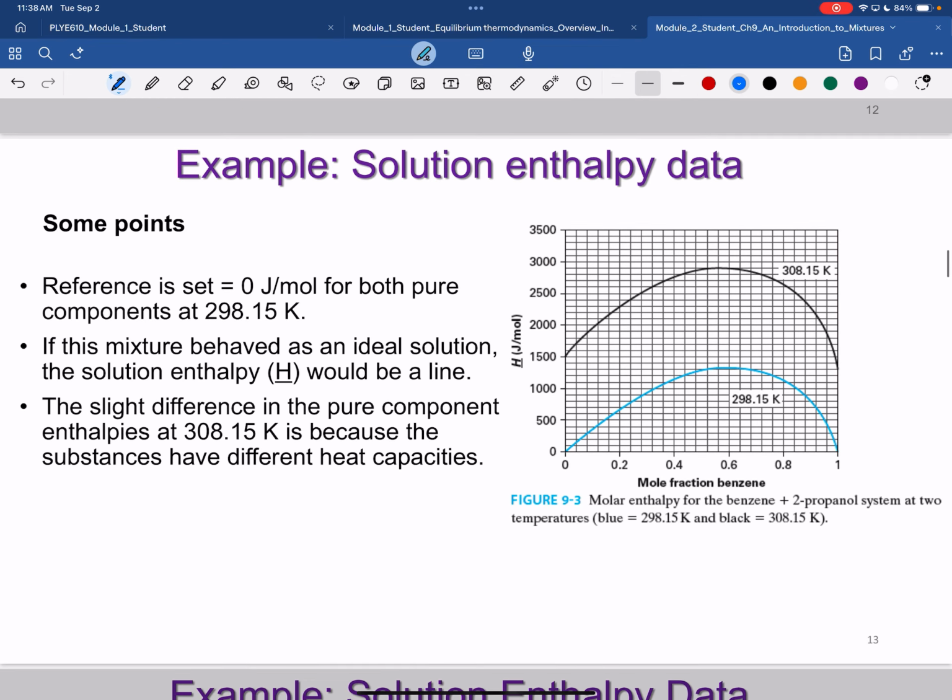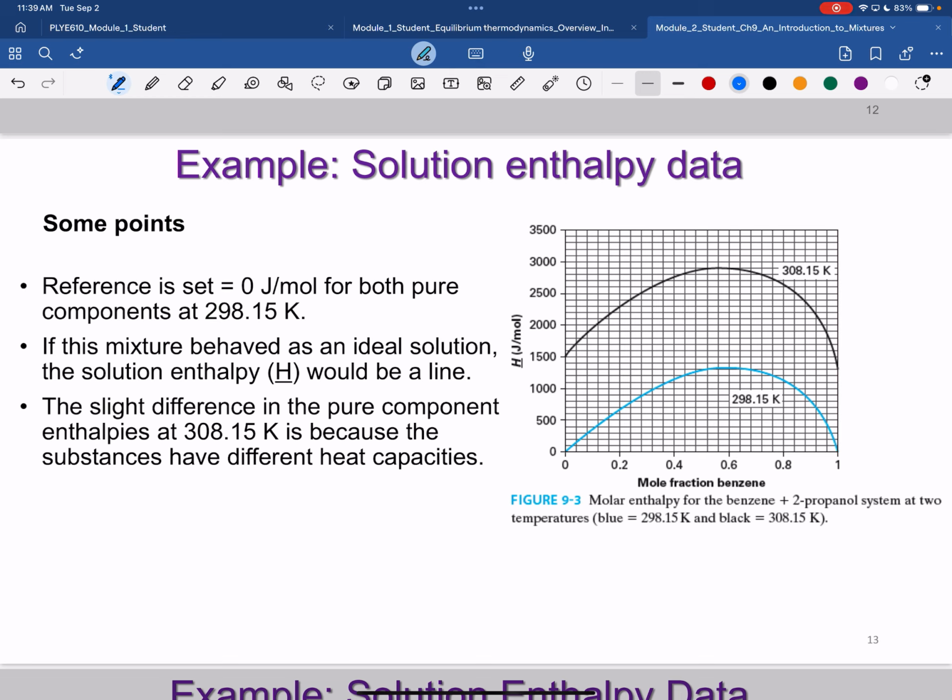Basically, these are the curves that show the enthalpy of the mixture as a function of the mole fraction of benzene in this benzene to propanol system. Okay, so we have two temperatures: room temperature, that blue color, 298, and another one at 308 Kelvin.